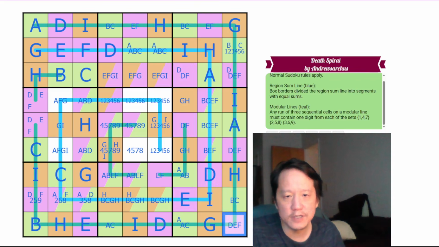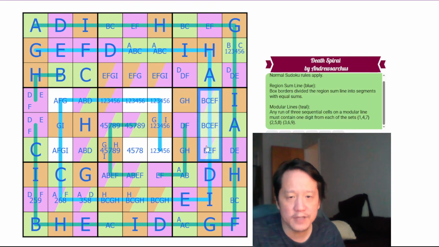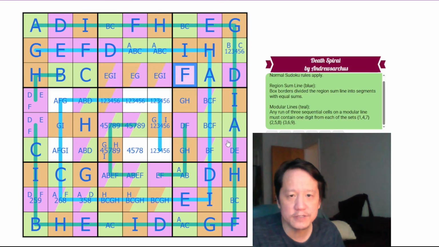This is D, E, that's F, which means this cannot be F. This has to be F here. So no E, this is F, which eliminates F here. This is E, that's F, which eliminates F here. E eliminates E here, so that's D, which makes this F. D eliminates D here, that's E. This can't be F, that's D.